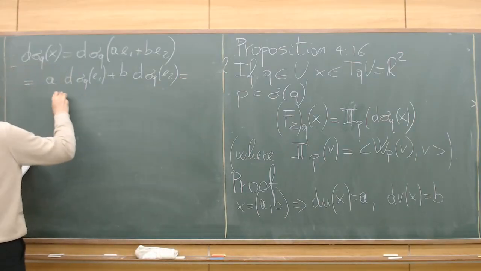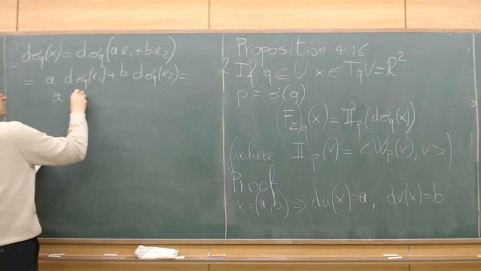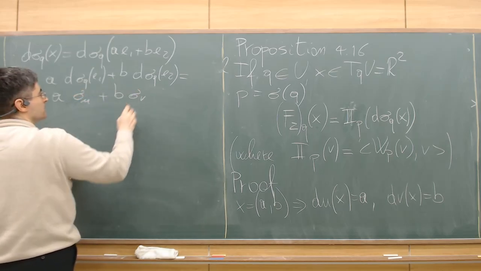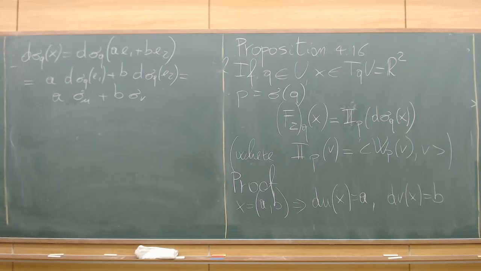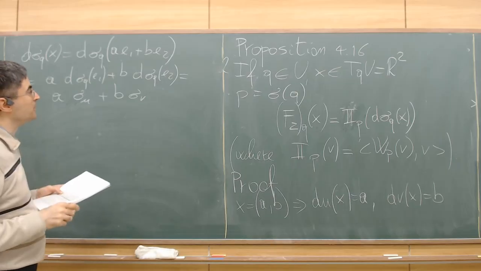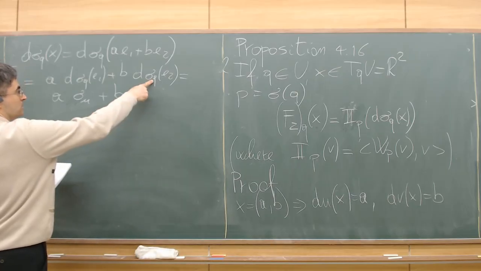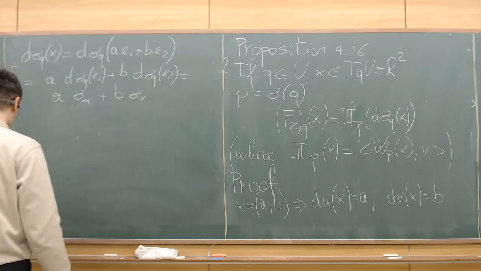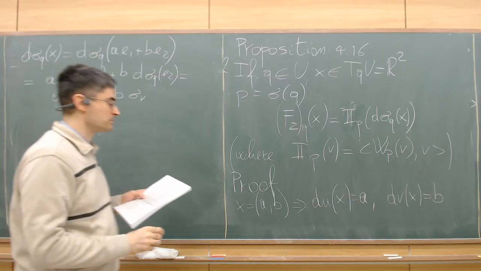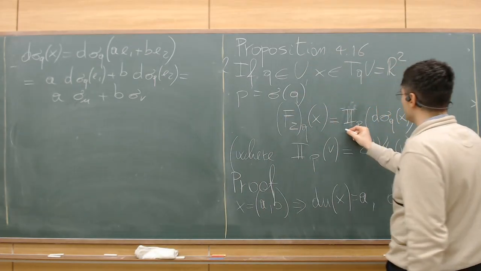That is A sigma U plus B sigma V. And now I will drop everywhere the letter Q. So what happens if I now evaluate the right hand side?